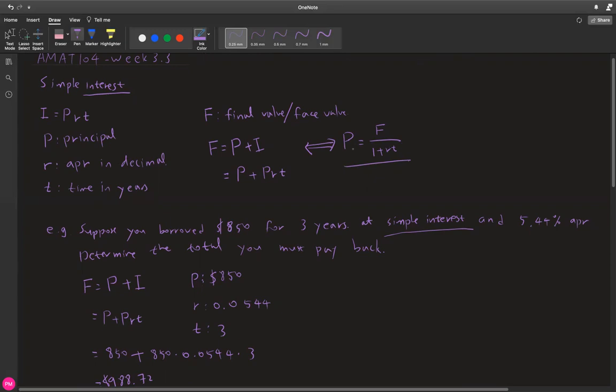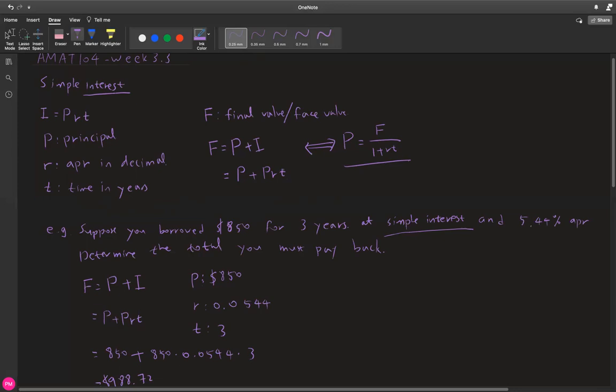Since you're trying to find the P, it'll make more sense to use the formula on the right-hand side than the left-hand side. It doesn't mean that the left-hand side formula is wrong. They're actually exactly the same formula. However, it'll save you a lot more time to use the right-hand side, but you can very well find the same answer just using the left-hand side.